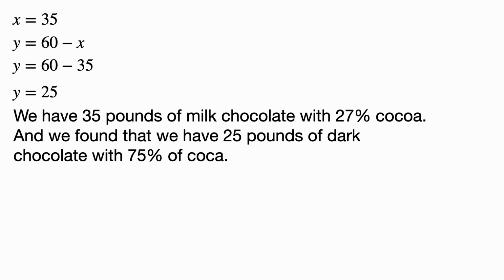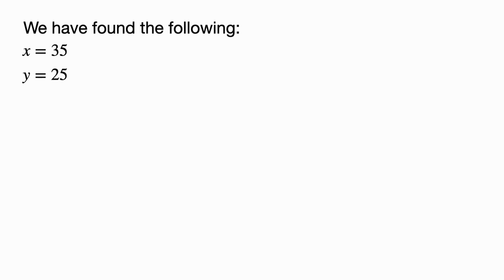And we have found that the baker needs 35 pounds of milk chocolate with 27% cocoa, and also needs 25 pounds of dark chocolate with 75% cocoa. We have found that x equals 35 and y equals 25, or 35 pounds of milk chocolate and 25 pounds of dark chocolate.